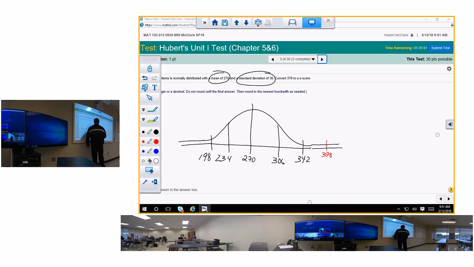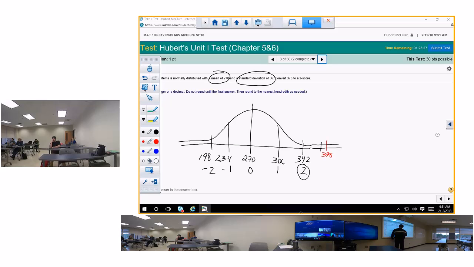If this was 0, 1, 2, -1, -2, you're talking about a z-score of above 2, probably above 3. What would 3 be? 3 standard deviations. What's 36 plus 42? 378. Then that's the third standard deviation.